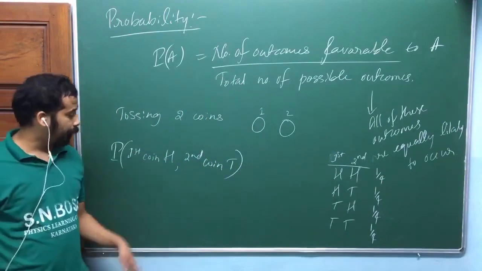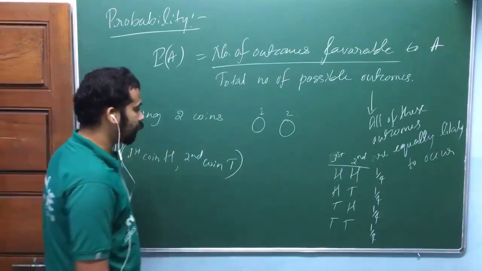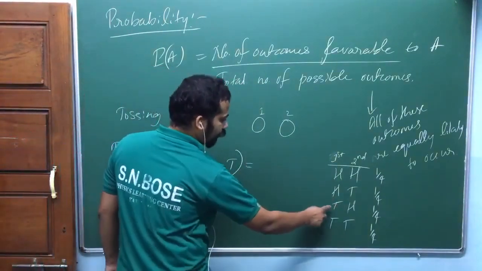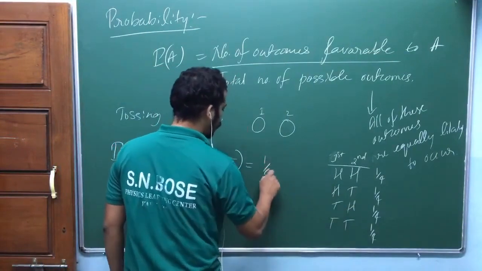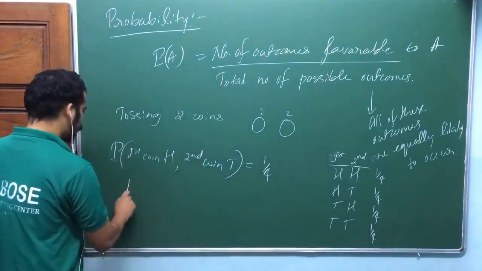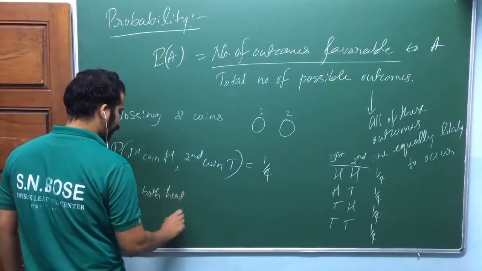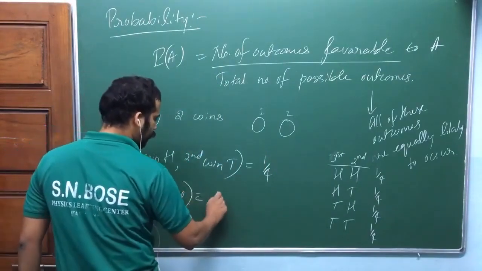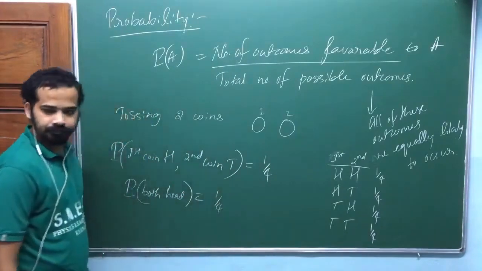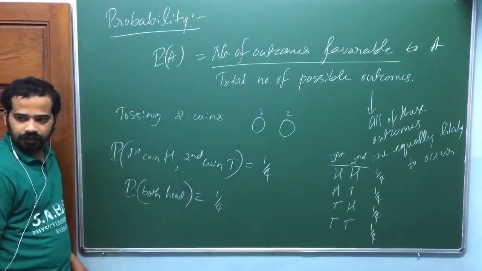Now the probability of getting first coin head, second coin tail is equal to 1/4. Probability of getting both head is equal to 1/4, isn't it?